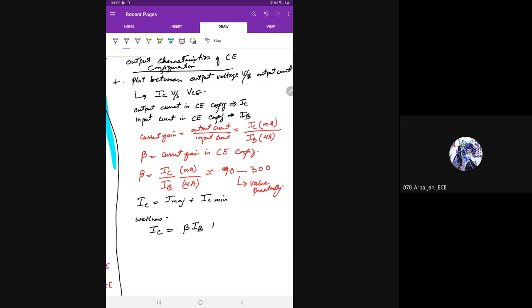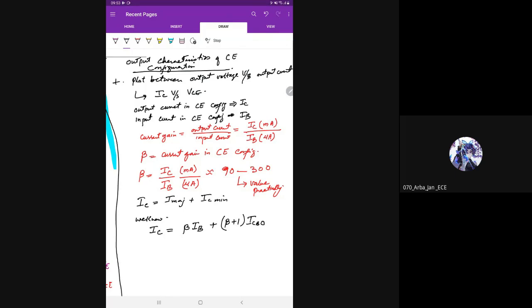Then plus beta plus 1 times ICBO. Remember that ICBO is the reverse leakage current in common base configuration. Although we are using a common emitter configuration here, we can represent the current IC in terms of the reverse leakage from common base. We'll shortly be transforming it to common emitter.